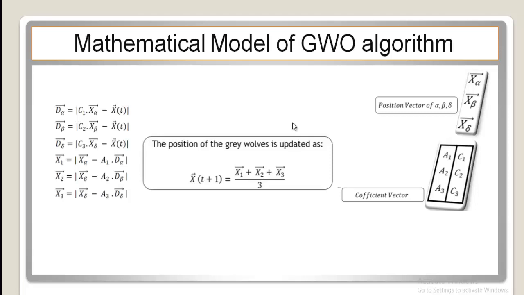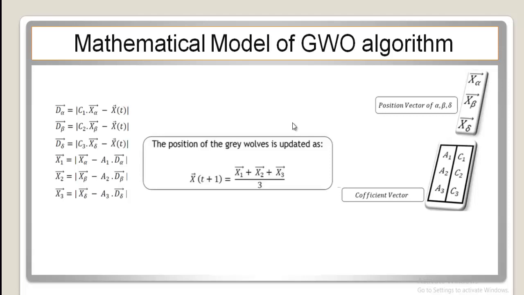Similarly, the positions X2 and X3 are updated for the beta and the delta values. The average of these three updated positions gives us the new position X(t+1) for the wolf pack at the next iteration, as shown in the equation.